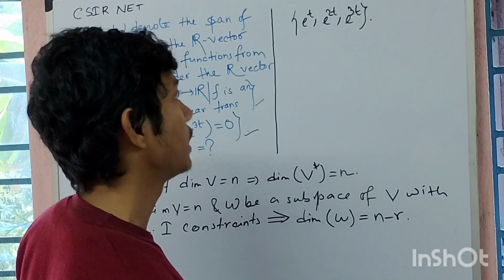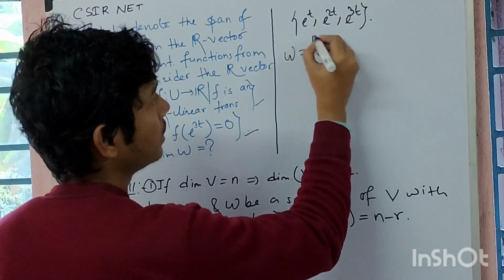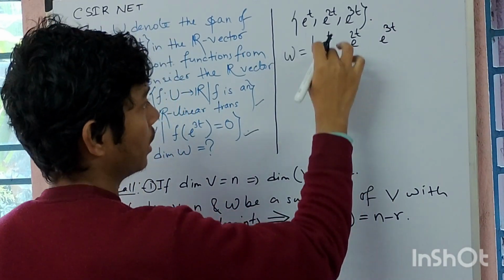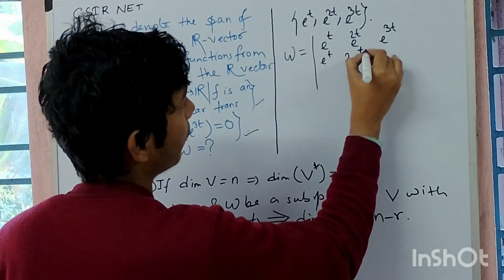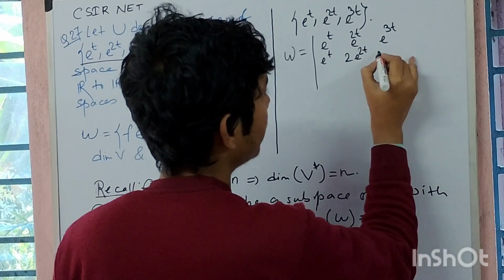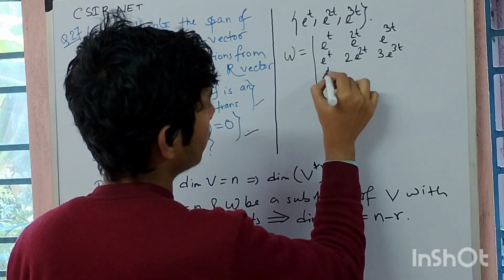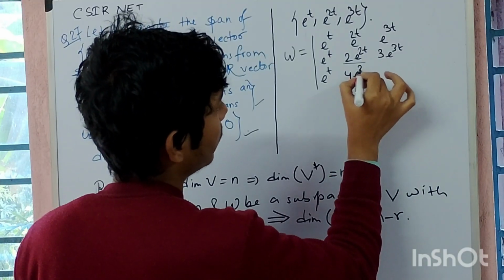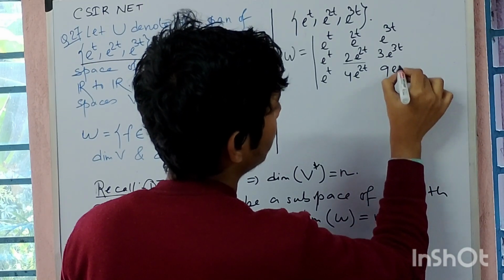Or you might check by finding the Wronskian. Write e to the power t, e to the power 2t, e to the power 3t, and below this write the derivatives. The derivative of e to the power t is e to the power t, the derivative of e to the power 2t is 2e to the power 2t, and the derivative of e to the power 3t is 3e to the power 3t. The second derivatives are e to the power t, 4e to the power 2t, and 9e to the power 3t.